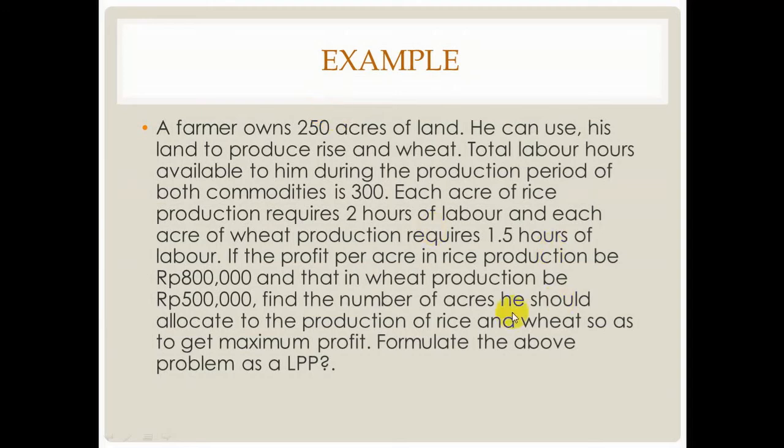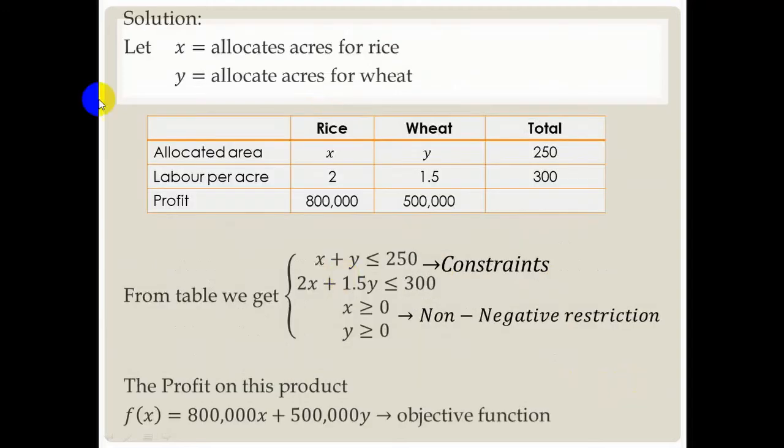So let x be the acres allocated for rice and y the acres allocated for wheat. We already know the allocated area is just 250 acres, so it's impossible to go beyond that. So you can write x plus y less than or equal to 250.